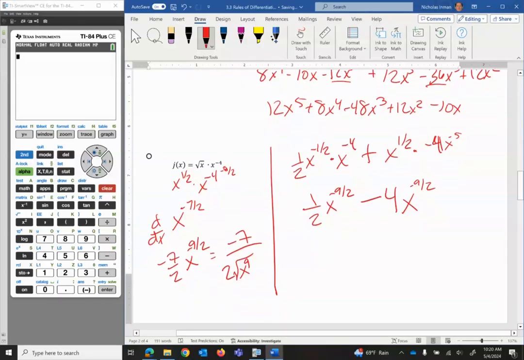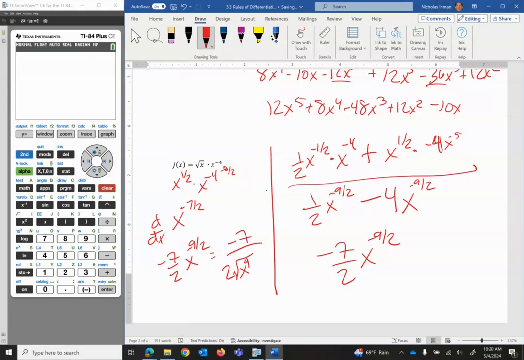So 1 minus 4, that is negative 7/2, x to the negative 9/2. So the same answer, as we expected, but once using the product rule and once trying to combine exponents. Now this one, you still had to combine pretty much the same exponents, but again, just getting an idea of what that product rule looks like.